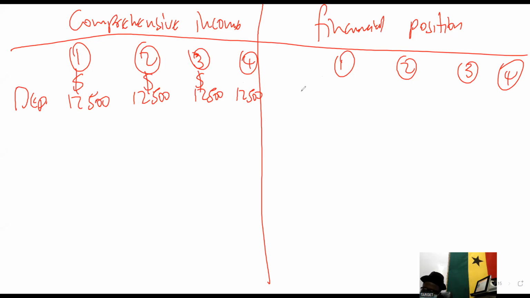Now, with the balance sheet, what do you think will happen? You record the cost of the asset. Who can tell me the cost of the asset? Will it be 100,000, 60,000, or 40,000? The cost of the asset should be 60,000 throughout.